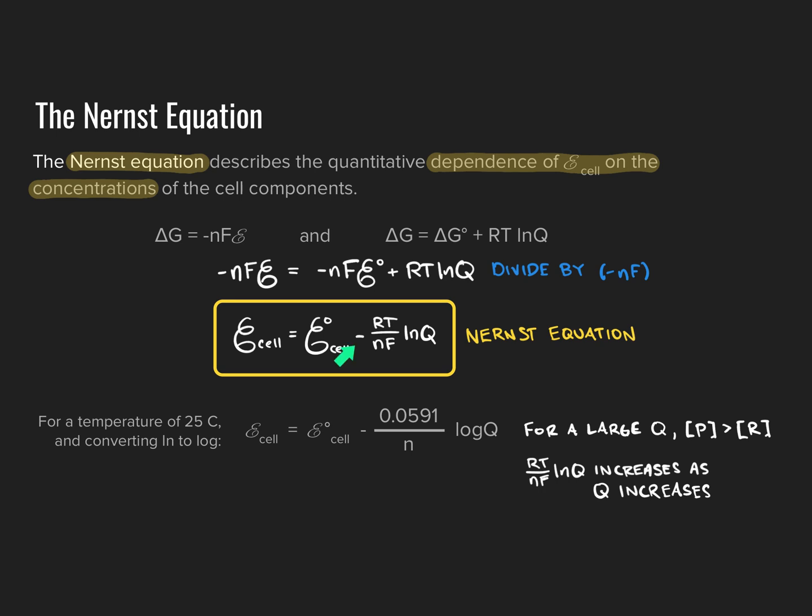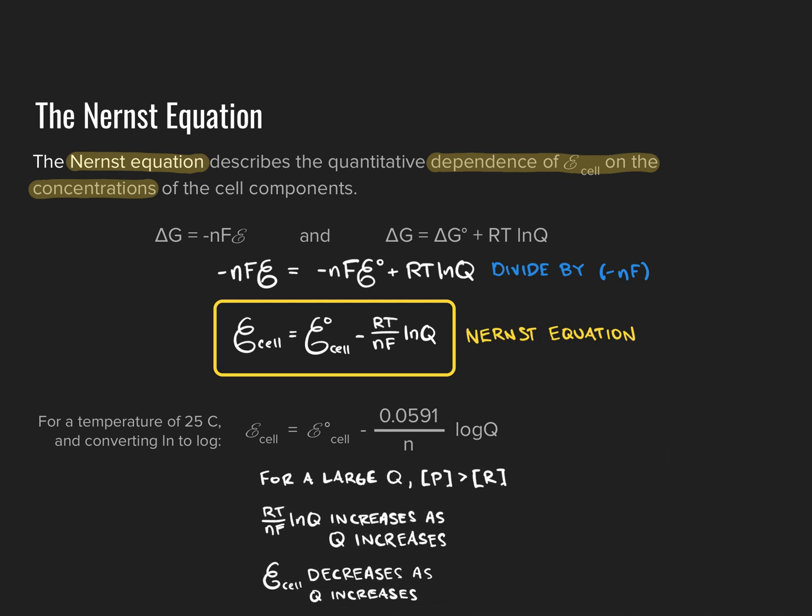As we are subtracting that factor from the standard cell potential, for higher values of Q the operating cell potential E cell would be smaller than it otherwise would be under standard conditions, which makes logical sense. If we have a large value of Q, we've got a lot more product, which should increase the favorability of the reverse reaction, decreasing the cell potential of our operating cell.